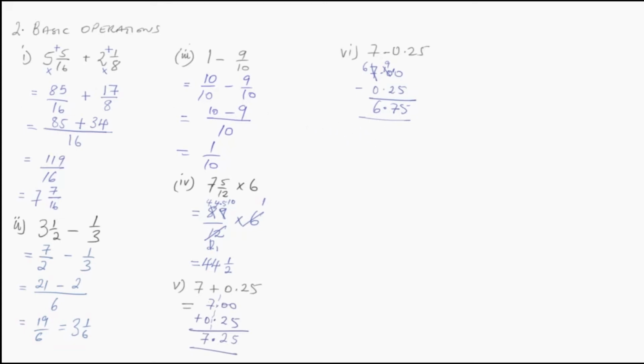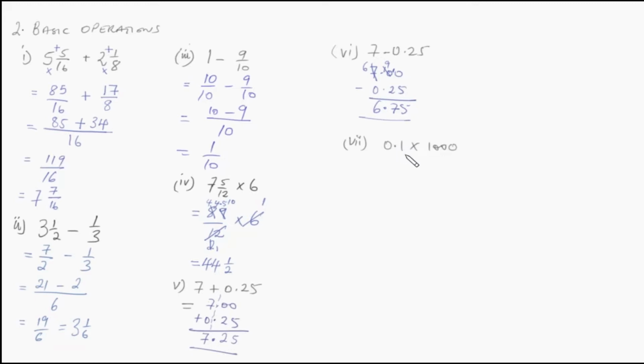Now we will look at this one: 0.1 times 1000. When you multiply a decimal number by the powers of 10, you just shift or move the decimal.